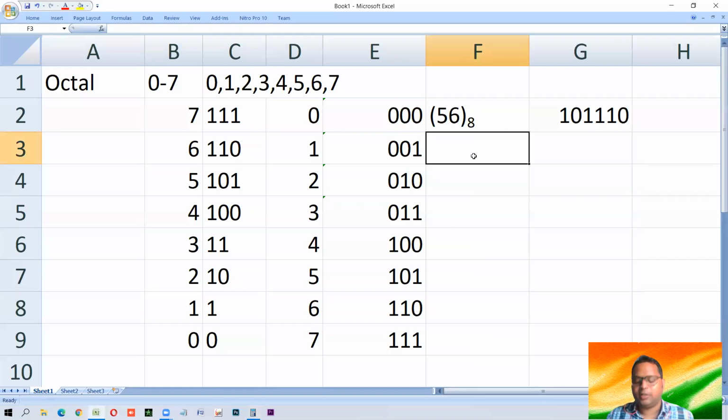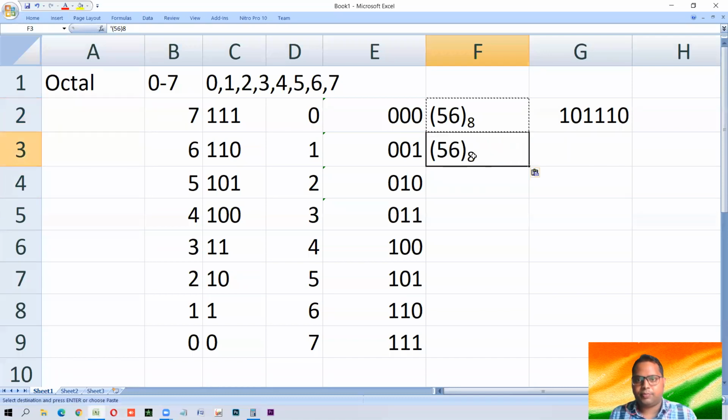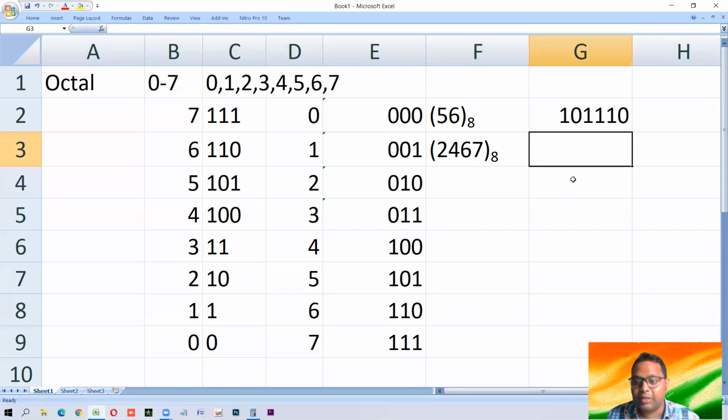And the same way, if any large number is there, like 2, 4, 6, 7, suppose this is in octal. What will be the binary? First we need to write the binary of 2, that is 0, 1, 0.